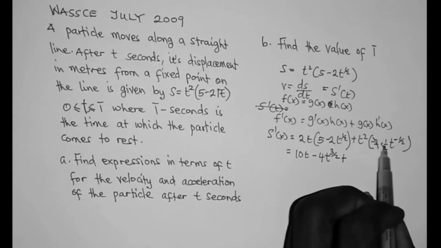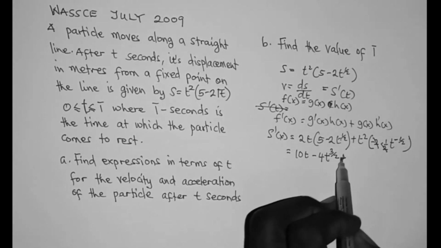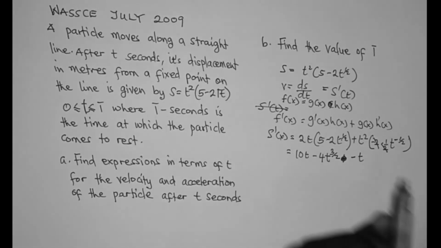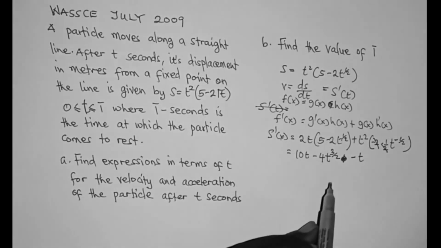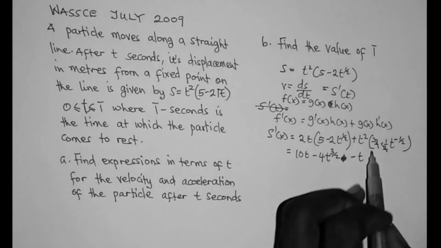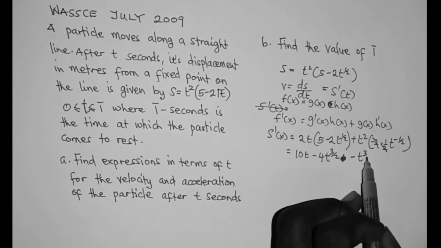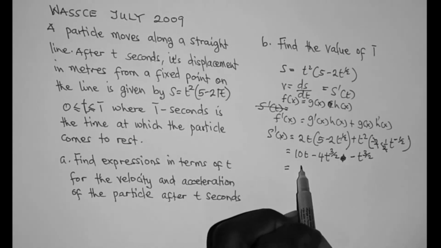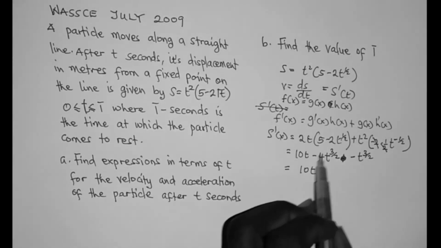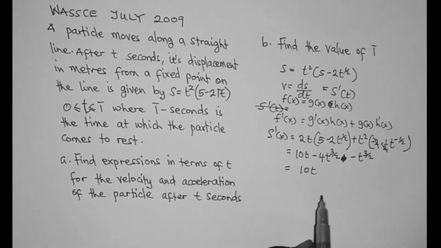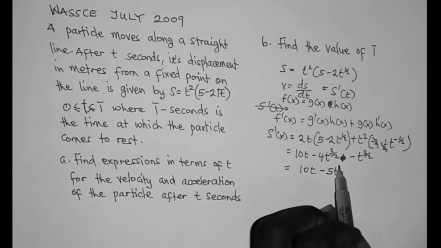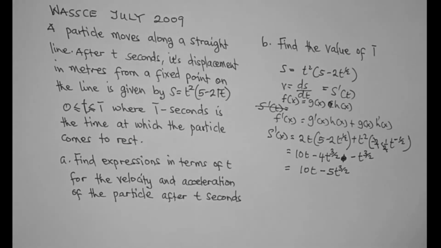So minus 1 times t squared becomes minus t, then t exponent 2 minus 1 over 2 is t exponent 3 over 2. So this is equal to 10t minus 4t exponent 3 over 2 minus t exponent 3 over 2 equals 10t minus 5t exponent 3 over 2. So this is the expression for the velocity.